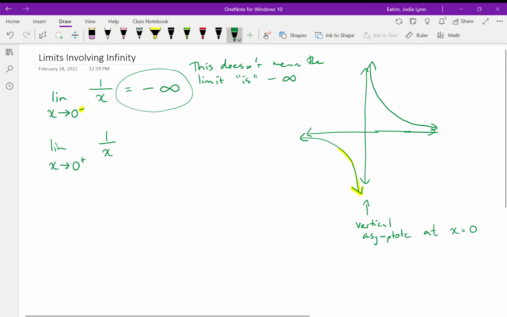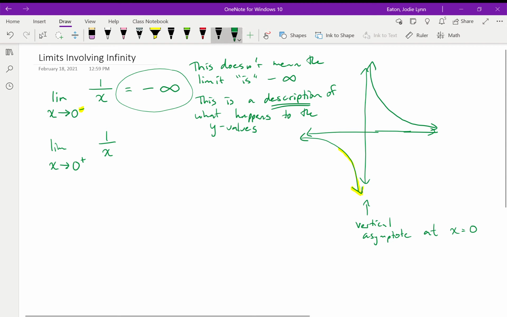What this does is describe what happens to the y values. When we say the limit as x approaches 0 from below of 1 over x equals negative infinity, we are saying that the y values continue to decrease. The y values are approaching negative infinity. They will never get there. It is not a number, but as we approach 0 from below, they will continue to get smaller and smaller. That is what that means.